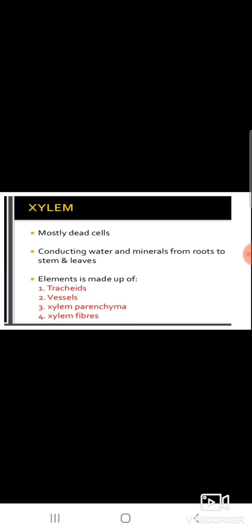Then xylem, mostly dead cells, conducting water and minerals from roots to stem and leaves. Xylem elements are made up of tracheids, vessels, xylem parenchyma, and xylem fibers. These are pictures of xylem.